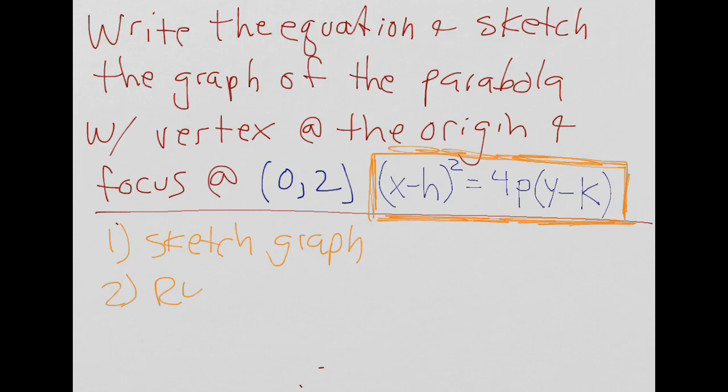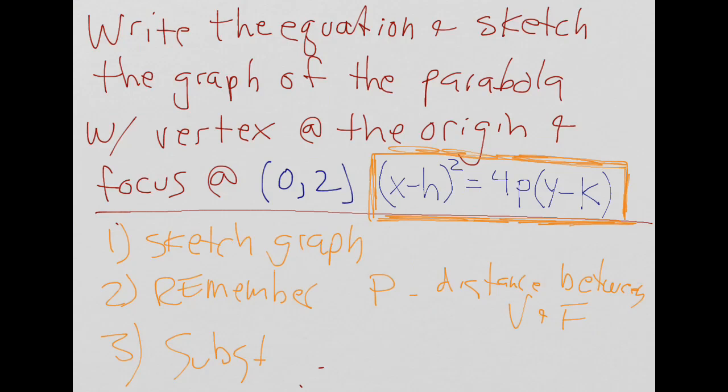Next, remember your facts. We know that p is defined as the distance between the vertex and your focus. So you can figure that out. After that, it's just a matter of substituting into your equation. You know h and you know k because h and k are the coordinates of your vertex, and your vertex is at the origin.